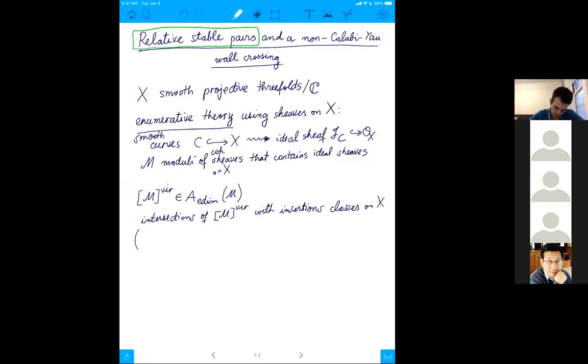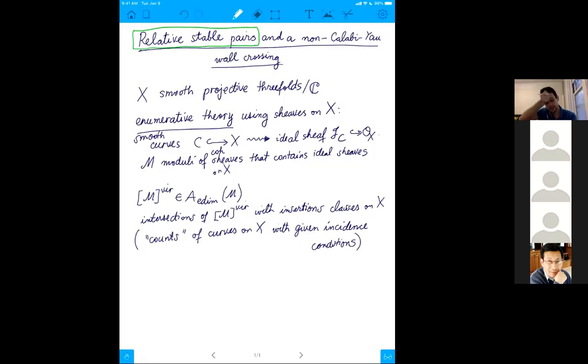So this will correspond to counts of curves on X with given incidence conditions. Okay, so this is what an enumerative theory is.